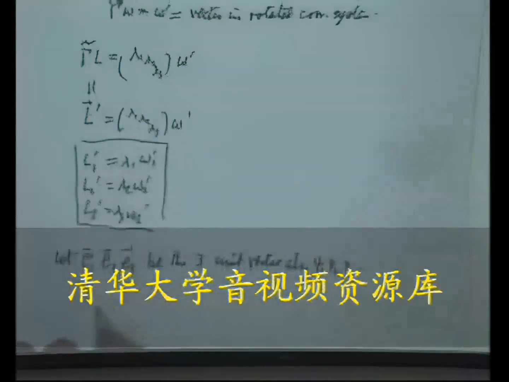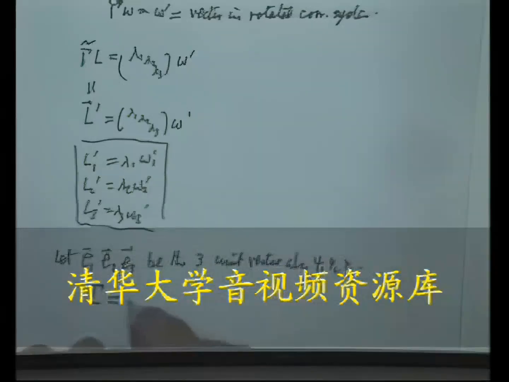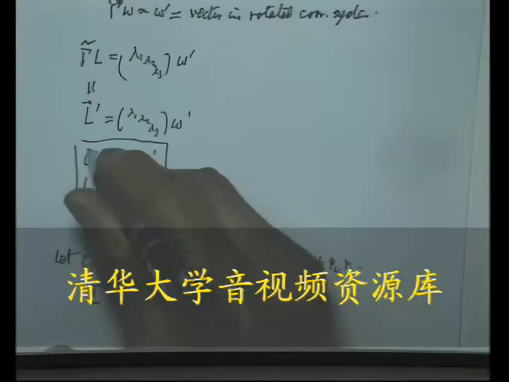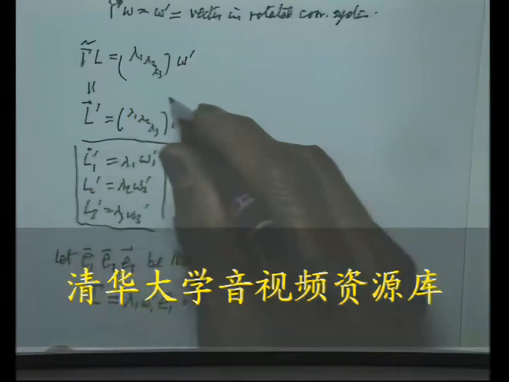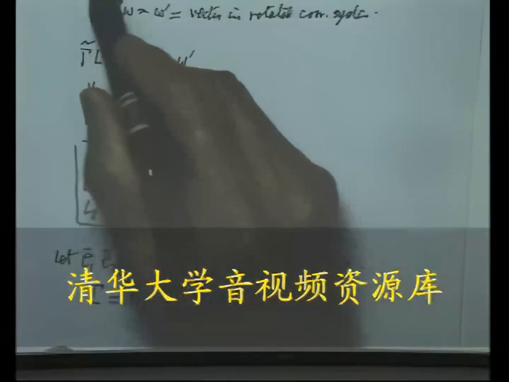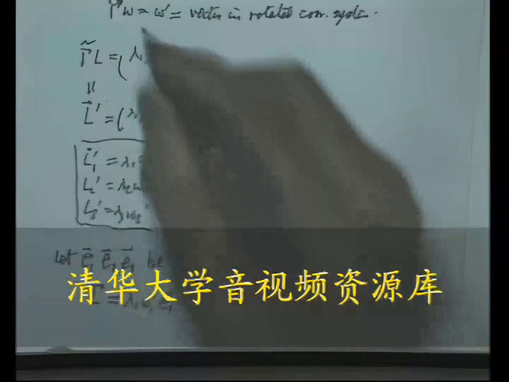So this equation merely means L is equal to lambda 1 omega 1 prime times E1 plus lambda 2 omega 2. So these are all dots. Sorry, these are all dots. L dot is equal to j omega.